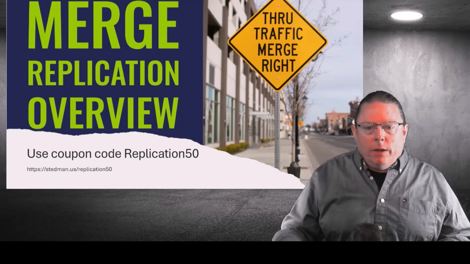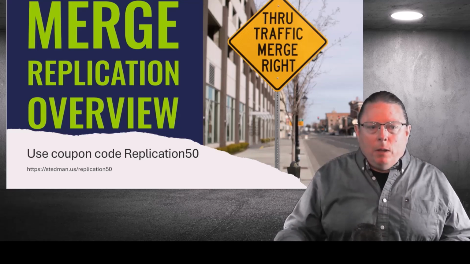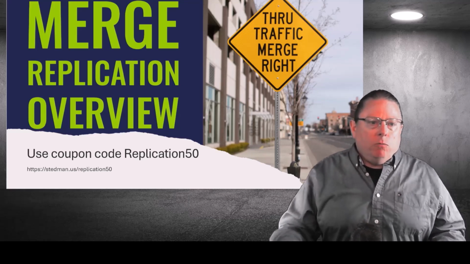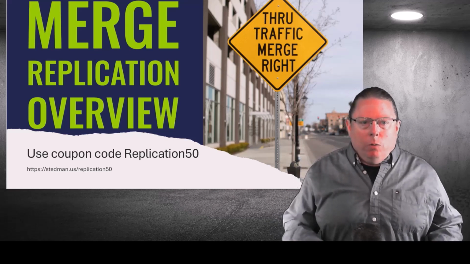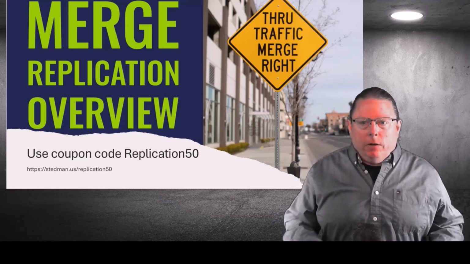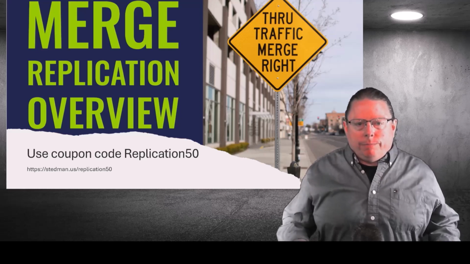Now, there are default conflict resolvers that you can set up where, based off of specific rules, it will determine which row will be chosen if 2 people change the same row at 2 different locations, for instance, in a table.